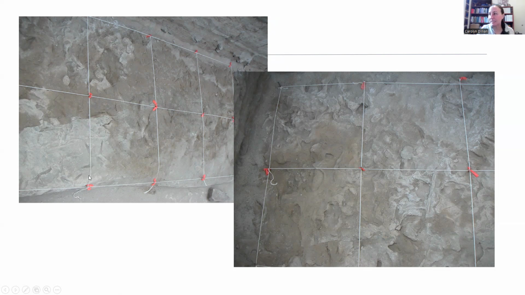These are bird footprints. I'm not sure if you can see my pointer, but on the left image are some triangular impressions. Those are birds. On the right image, if you look closely, you can see a couple of hominin footprints. And this was much easier to ascertain as we got it into the lab and did some post-processing of the scans.